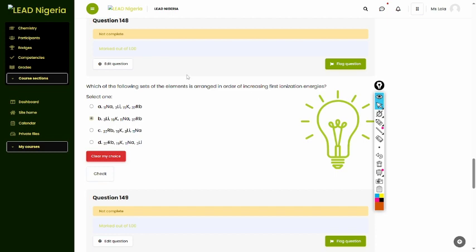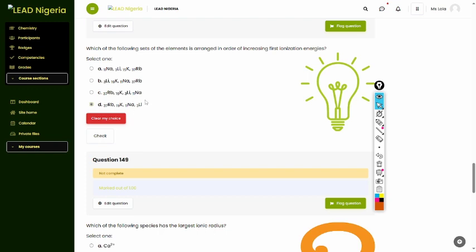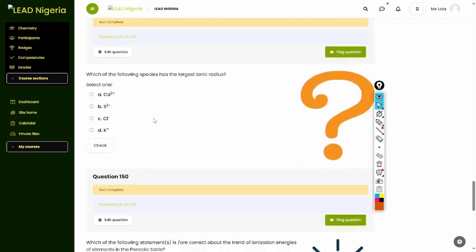Increasing refers to the lowest to the highest. So the lowest to the highest means that rubidium has the lowest, followed by potassium, then sodium and lithium. So the correct answer is D. Lithium has the highest first ionization energy, while rubidium has the lowest. Okay, which of the following species has the largest ionic radius?